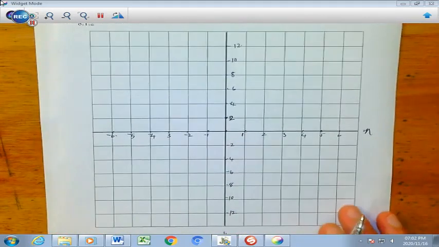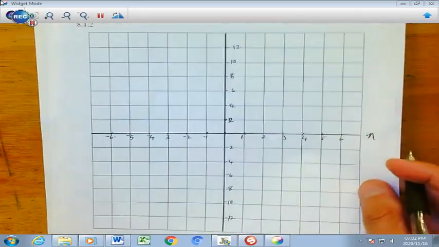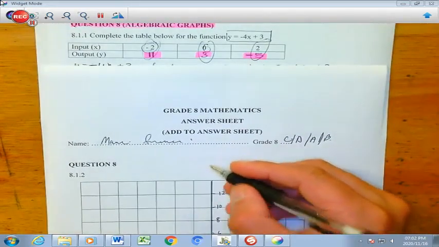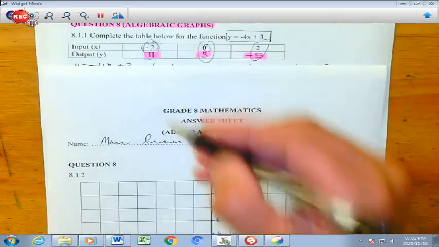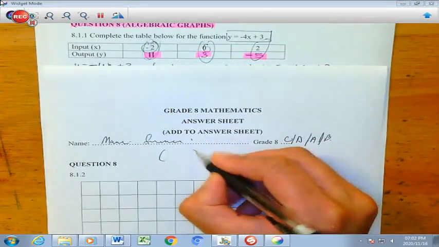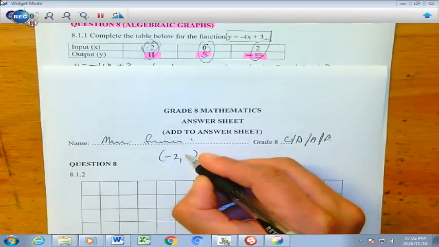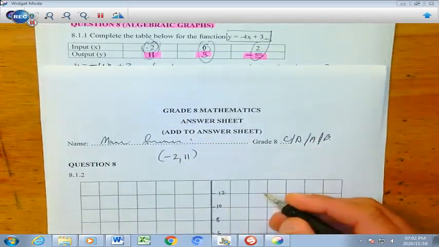Now we're going to plot. So if you're going to look at our first two values which we are going to plot the graph, I'm going to take this value, I'm going to write it down here on my page. It's -2 and then 11.